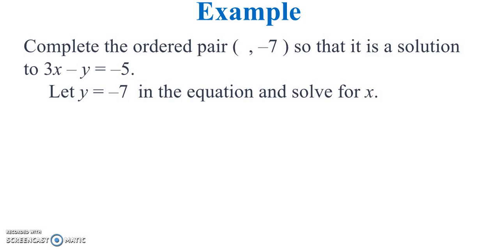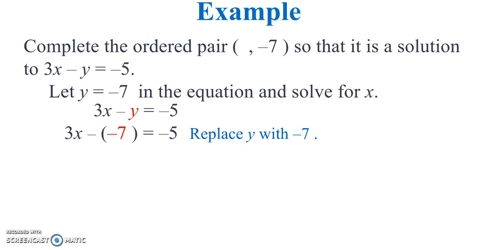Here's the last example, just with a y. Because the negative 7 is the y-coordinate, I'm going to plug it in for y and solve for x. Here's my color coordination. I plug it in, so I have 3x minus a negative 7. Remember, when you have two signs next to each other, you change the sign and add. So I simplified it. It's the same as multiplying negative 1 by negative 7, and you get a positive 7.